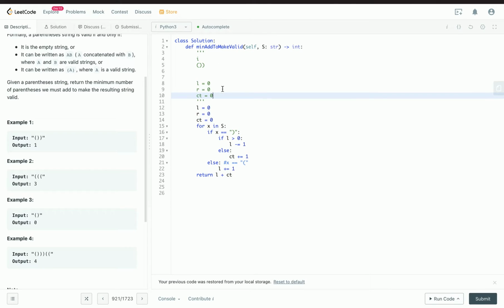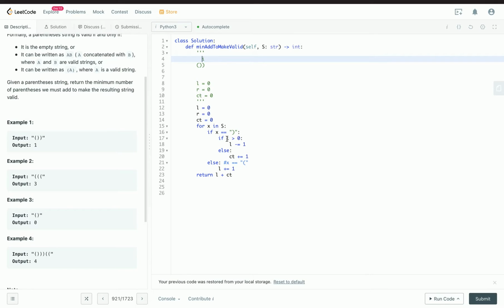For example 1, our left parenthesis count is 1. At this point, we have a right parenthesis, and we check whether the left parenthesis count is greater than 0. It is. Then we decrease the left parenthesis count by 1. So it's 0 again.